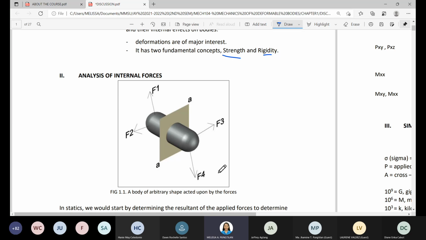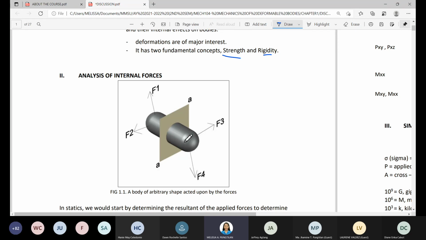Dito naman sa strength of materials, i-investigate natin yung mga internal forces na meron dito sa loob ng arbitrary shape natin. So makikita lang natin yung mga internal effects or internal loads if we pass an exploratory section AA. Okay? Yan.